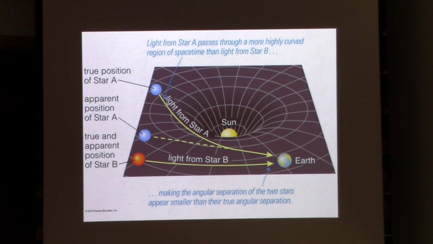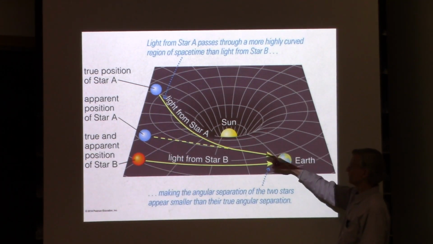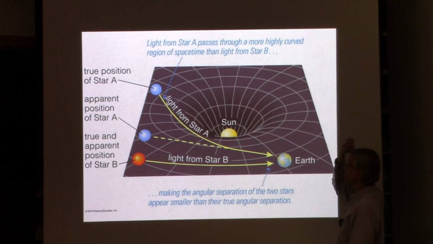And so this is showing qualitatively the idea of gravitational lensing, where we've got star A and star B behind the sun. If the sun weren't there, space-time would be flat, and from Earth we would see star A and star B in their true directions, from the light following straight lines through flat space-time.